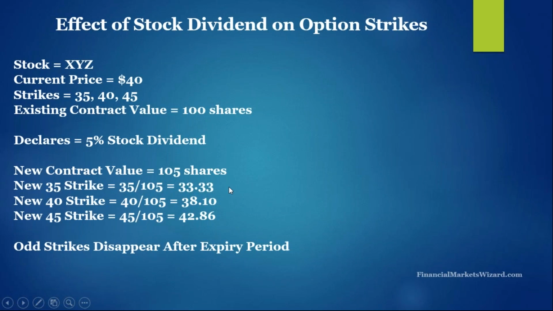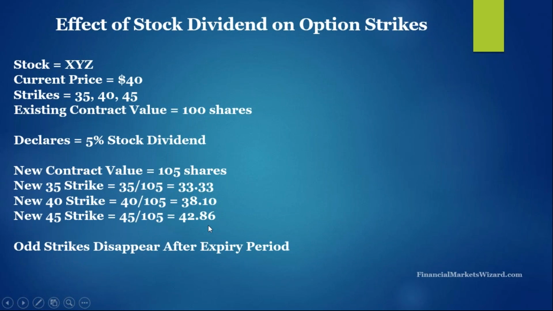Or when you're exercising, the broker tells you that you need more money, and you say, no, I calculated 100 shares multiplied by this is this amount. Then he will say, no, because you're exercising your option, you're buying 105 shares, not 100. So all this needs to be taken into consideration.